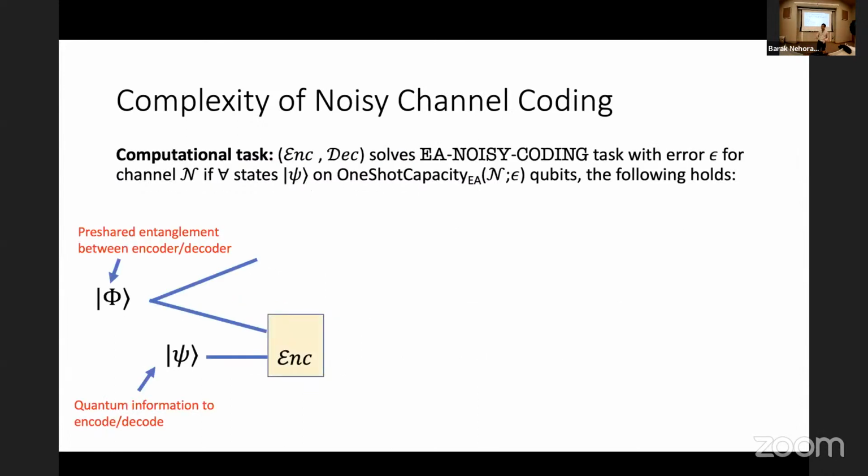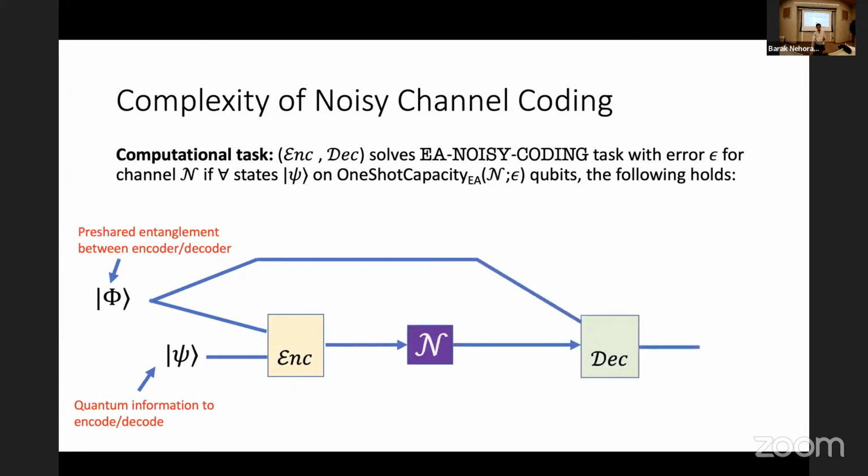And so this gives rise to the following computational task. I say a pair of algorithms, encode and decode, solves the entanglement-assisted noisy coding task with some error epsilon for a specific channel N, if for all input states psi that have some number of qubits determined by the one-shot capacity, you can encode it, send it across the channel, and decode it.